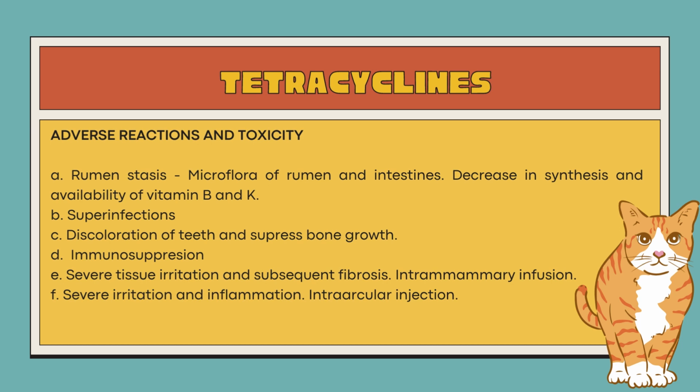E is we have intramammary infusion of chlortetracycline is contraindicated in dry cows. And if infused, cows may fail to lactate after parturition. F is we have the intra-articular injections of tetracyclines are contraindicated. This can cause severe irritation and inflammation.